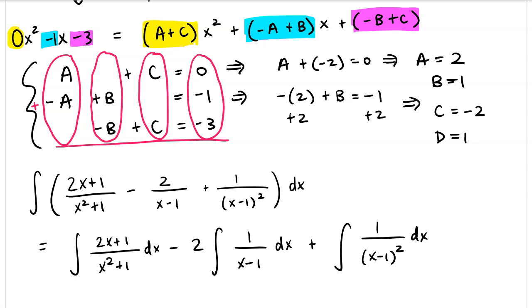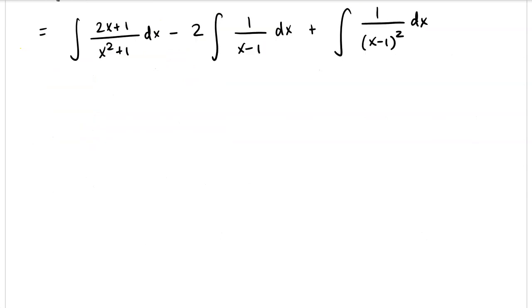So let's deal with those. So this middle integral, that should come out to be, if I ignore the constant, the natural log of the absolute value of x minus 1. Here, for this one, let's use u substitution.